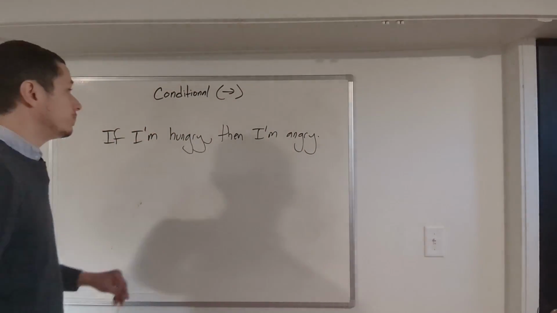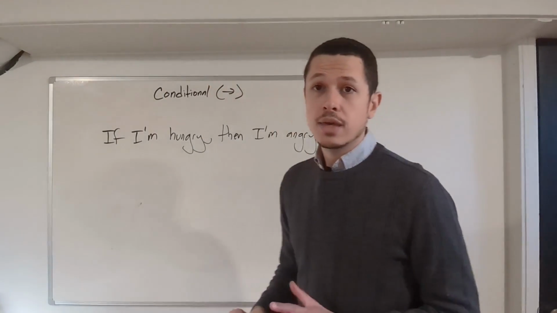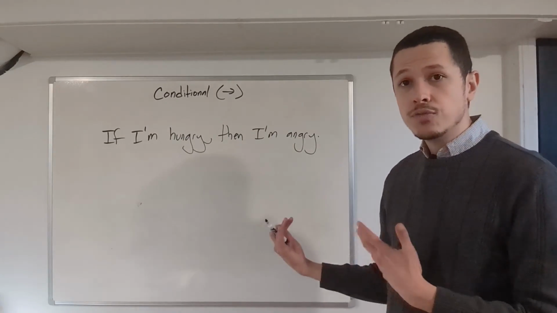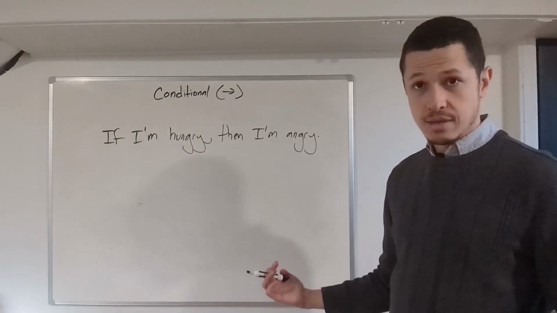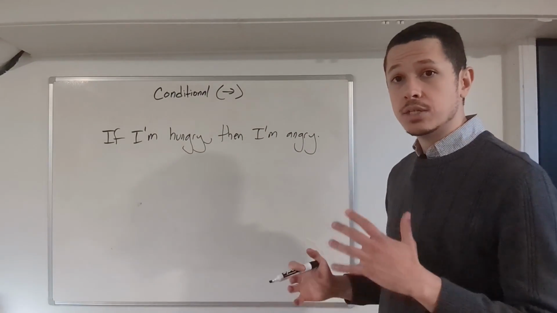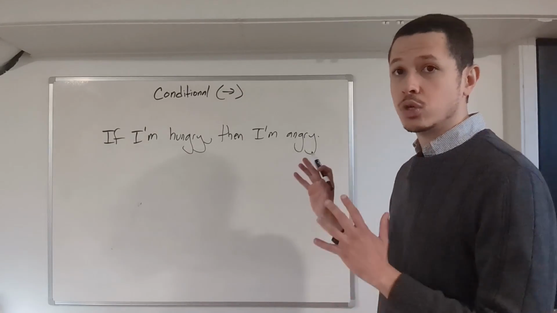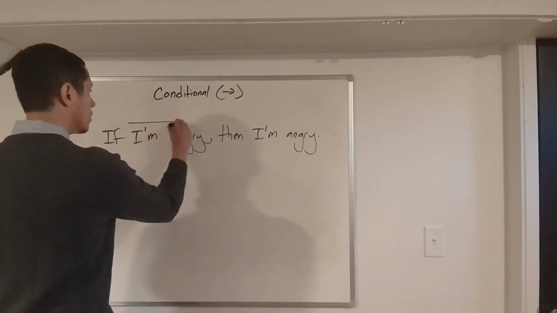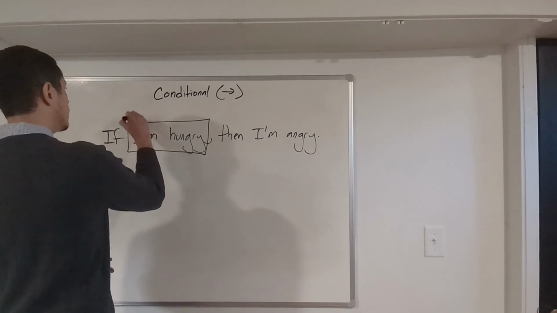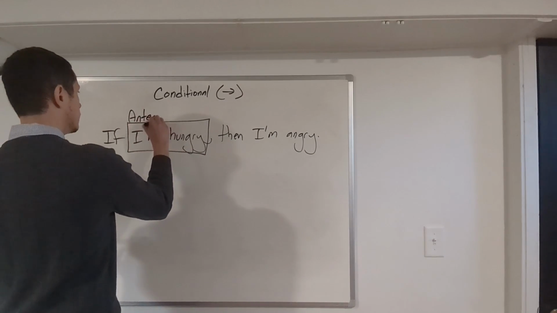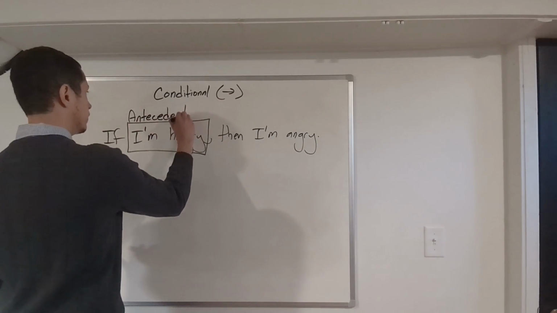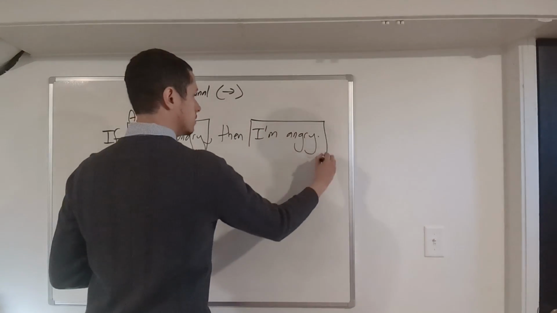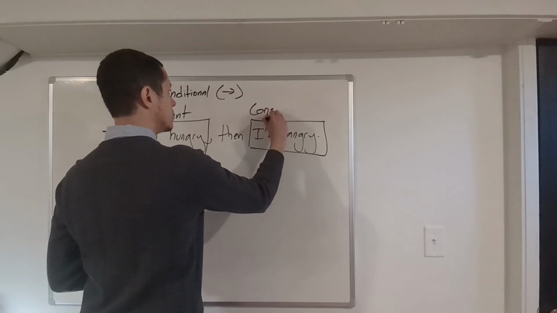Okay, so this is a conditional, and the pieces of the conditional have names. I want to cover those names and talk about why these things are called what they're called. So first and foremost, this bit here is what's known as the antecedent. And this is what's known as the consequent.